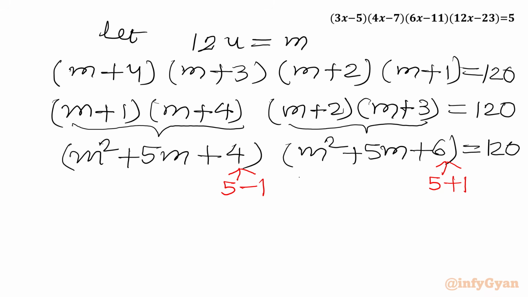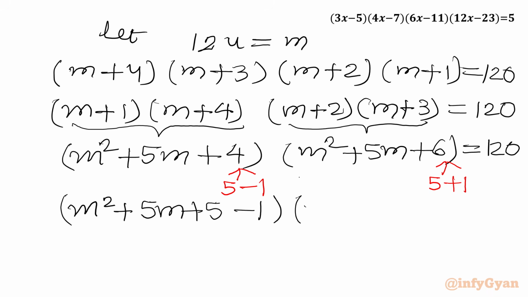So our equation will become m square plus 5m plus 5 minus 1. In the second bracket, we will write m square plus 5m plus 5 plus 1 equal to 120.